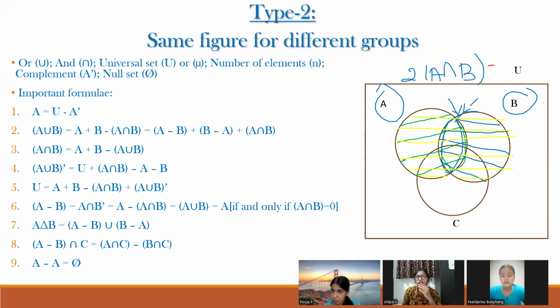So this minus one time A intersection B: you have two times A intersection B, minus one time A intersection B. Since the variable term is the same, 2 minus 1, we will get one time A intersection B. So A union B requires only one time the intersection, but while taking this formula you're calculating the intersection two times, so we subtract one time the intersection. Got it?